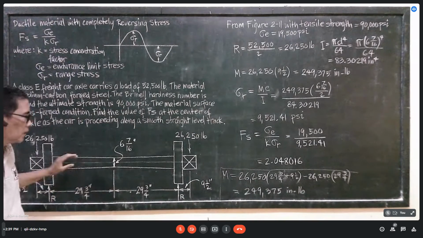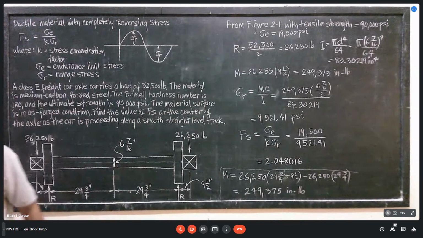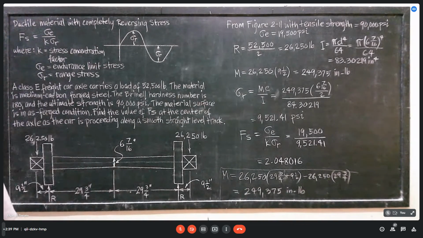In fact, it is gradual, meaning the stress distribution is even all throughout. So the ratio of the maximum stress and nominal stress are equal. So your K is 1. So your factor of safety is 2.048016.